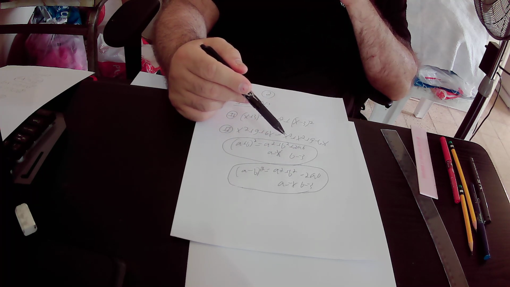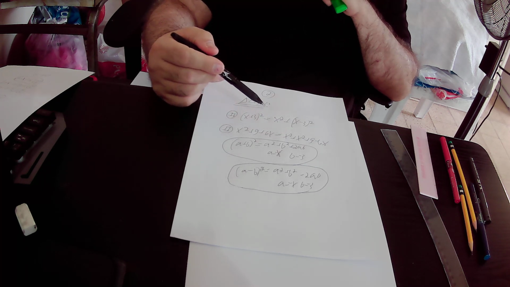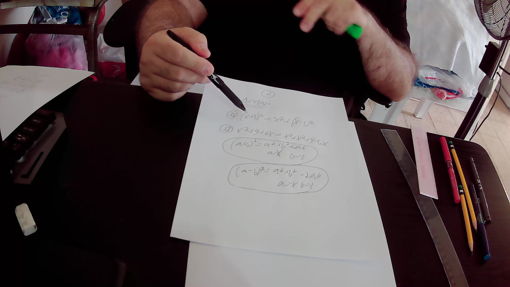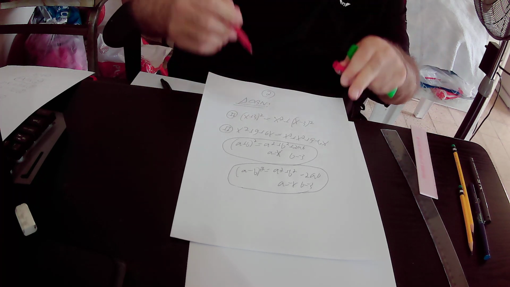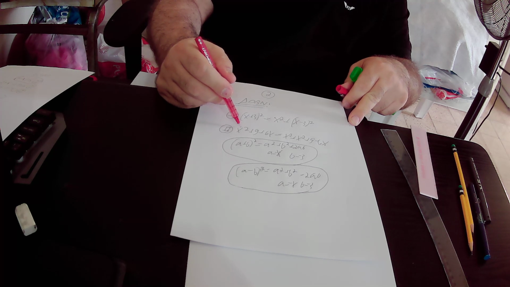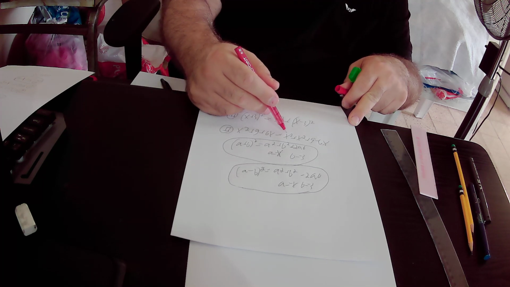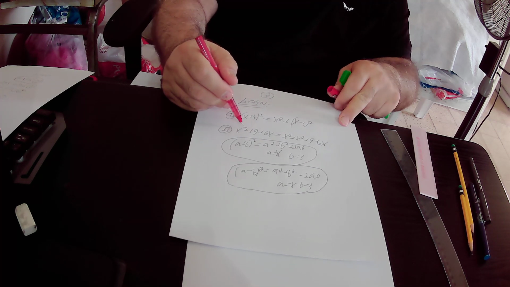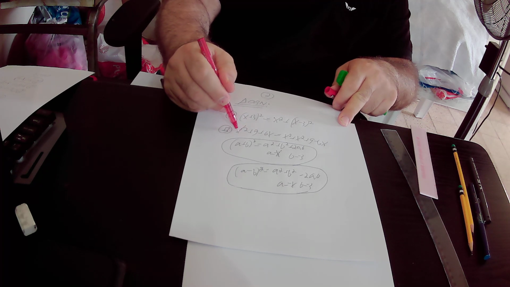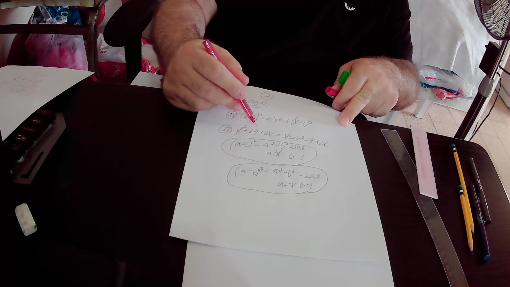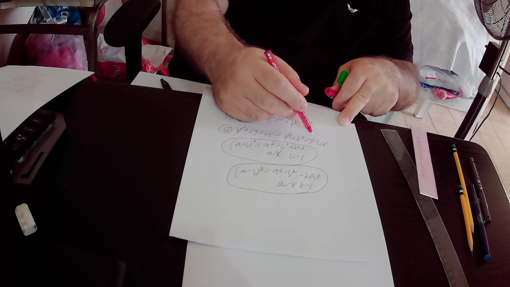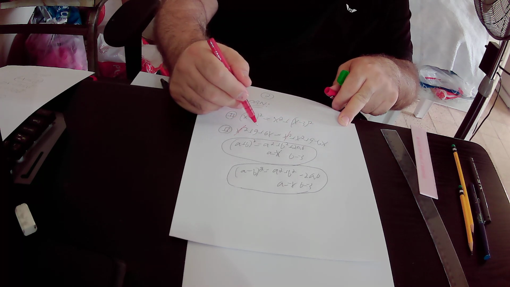Okay, so in this second equation we have x squared on this side of the equation and x squared on the other side, so x squared is cancelled. And we have 9 on this side and 9 on the other side, so 9 is also cancelled.